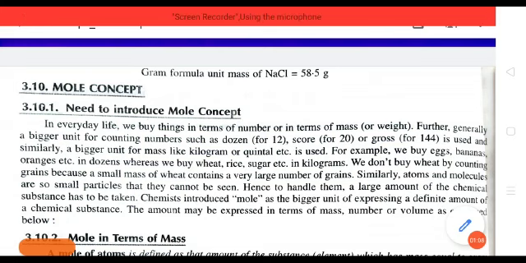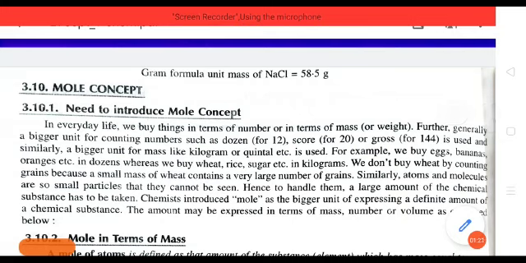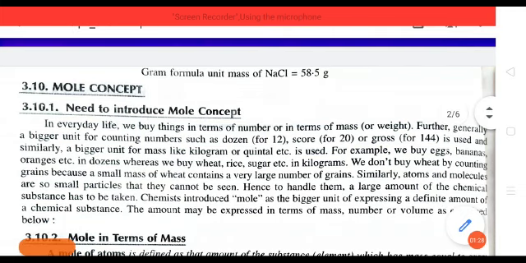Similarly, a bigger unit for mass like kilogram or quintal, etc., is used. However, a bigger unit is favorable for buying eggs, bananas, oranges, etc. But if I talk about wheat, rice, and so on, it is not possible.